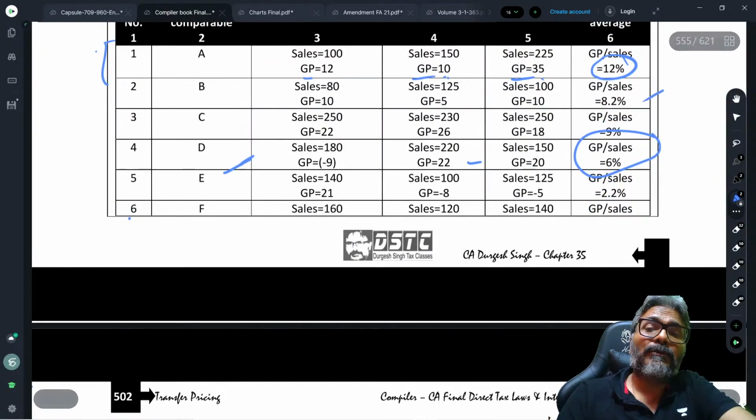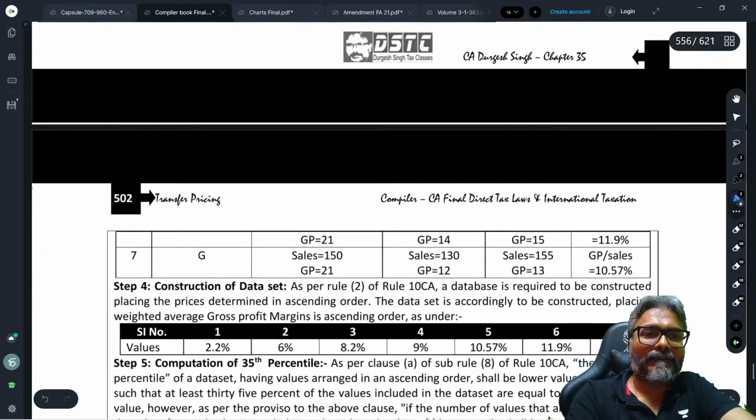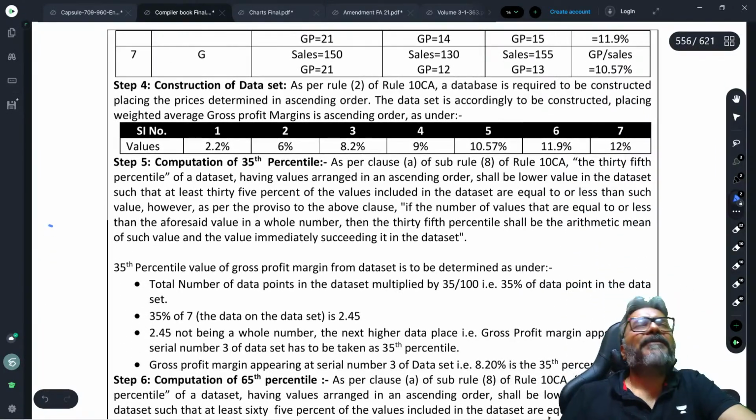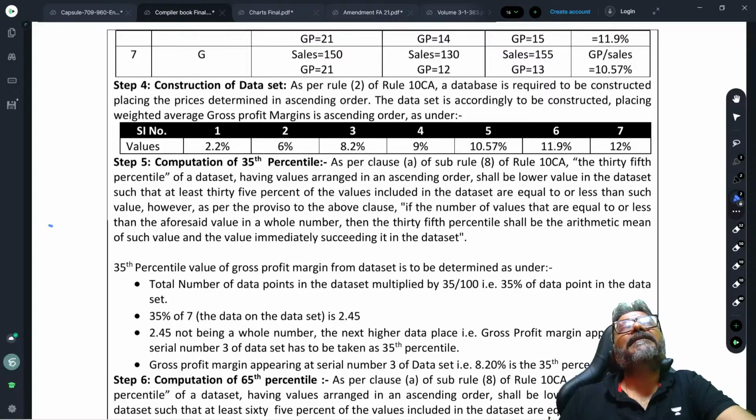12%, 8.2, 9%, 6, 2.2, 11.9 and 10.57. Now once you have got the margin percentages, this is the time when you will be required to construct the data set, because the range concept will be applicable since the comparable size is 6 or above.